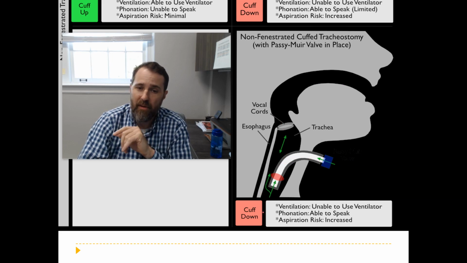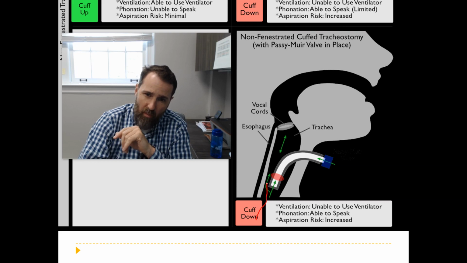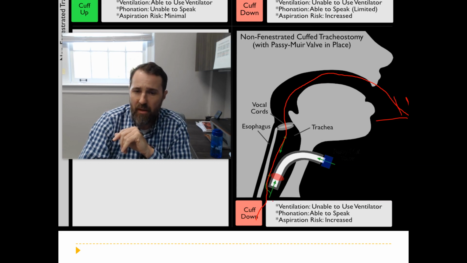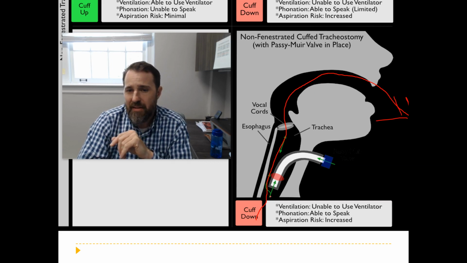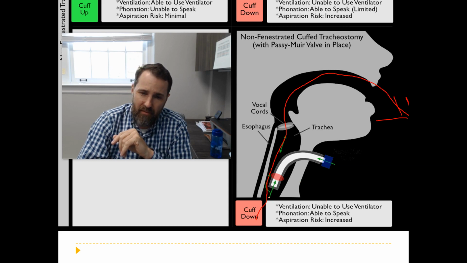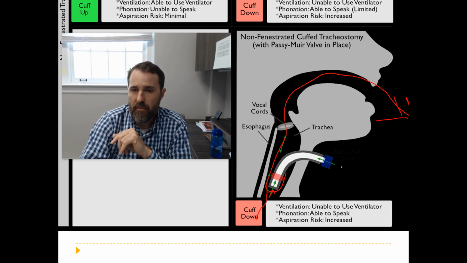And expiratory airflow is going to be able to pass up around the deflated cuff and out the natural airway. But with the speaking valve present, it is not going to be able to pass through the tracheostomy tube.